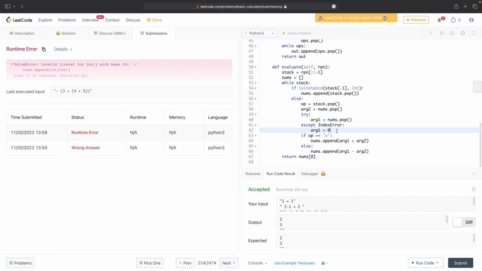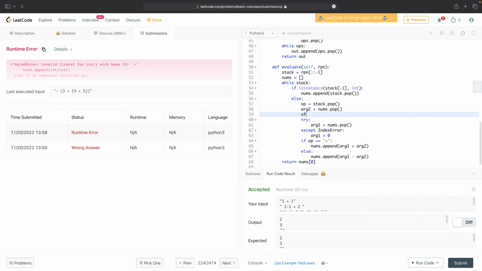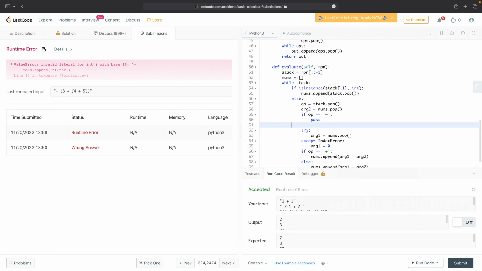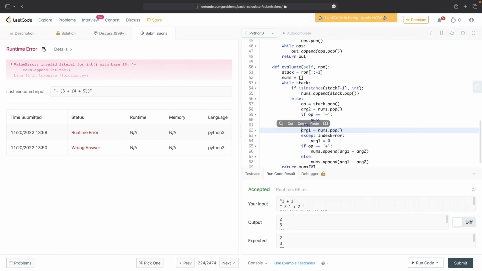So here now we don't want this. What we want to do is, if op is equal to tilde, we'll do some special casing, else this is where we're going to get our other things.